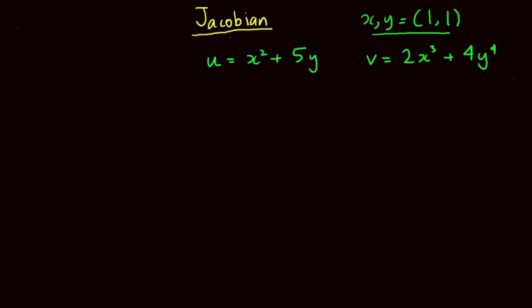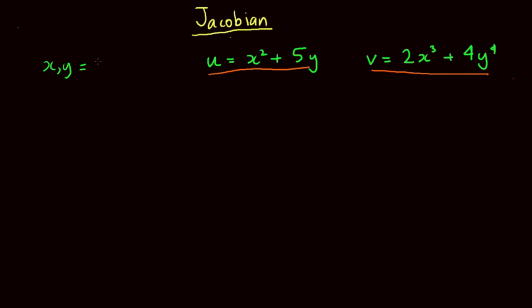Let's say we're given the same function as previous, u in terms of x squared plus 5y, v equals 2x cubed plus 4y cubed, and we are given these values of x and y. We discussed the values of x and y earlier, so let me erase this and write it here. So x and y is equal to 1, 1.